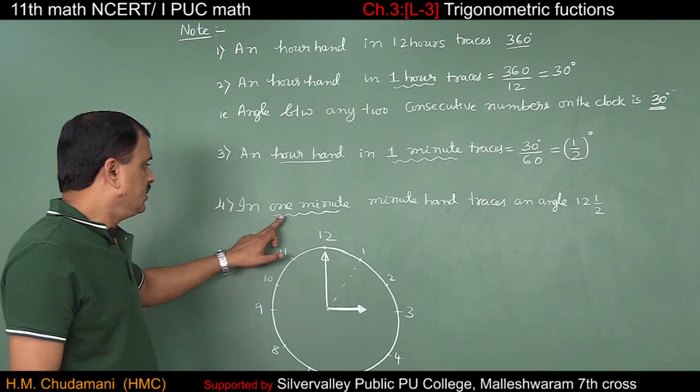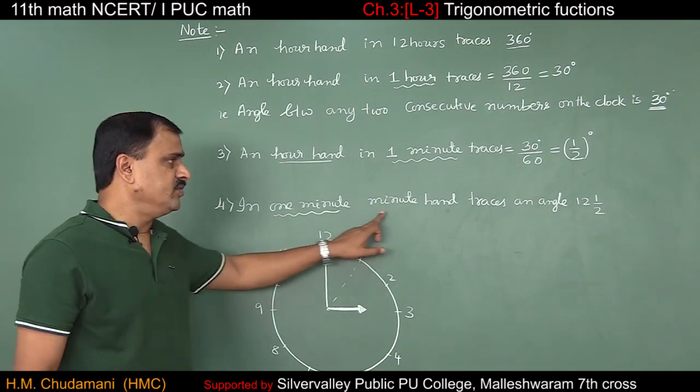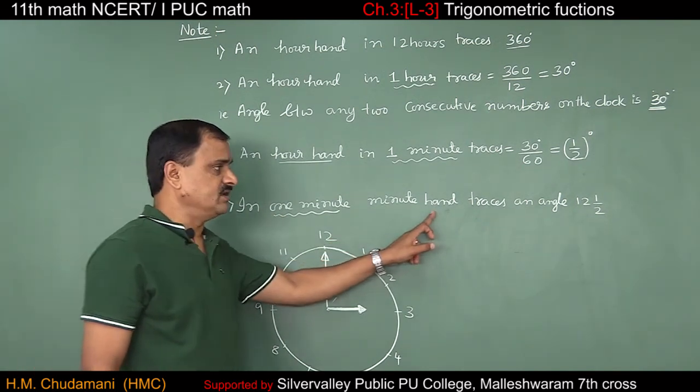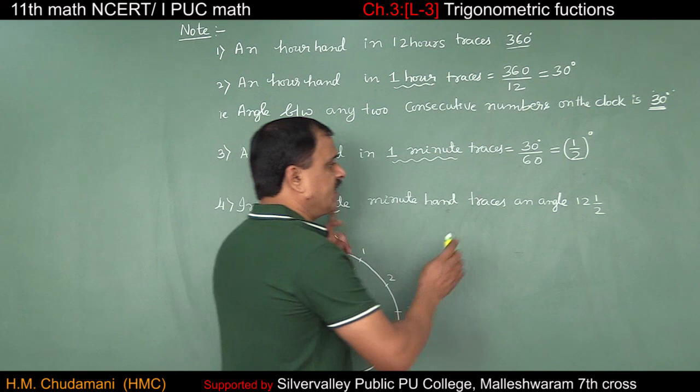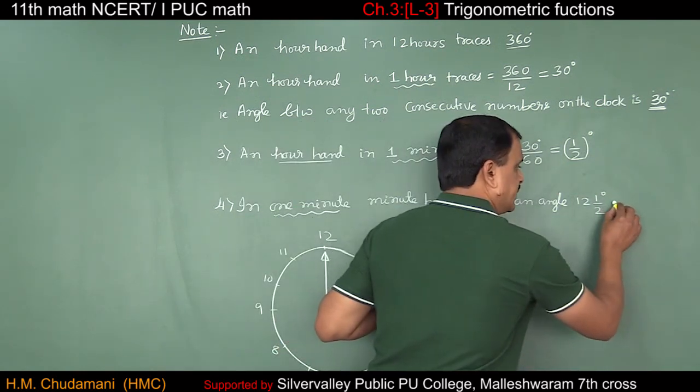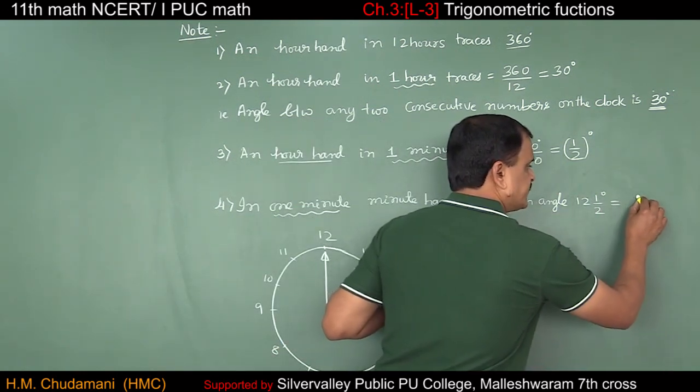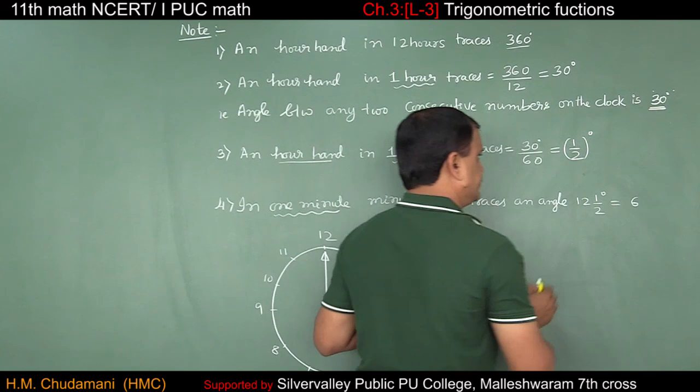Fourth note, in 1 minute the minute hand traces an angle. The minute hand is 12 into half degree, so that is 6 degrees.